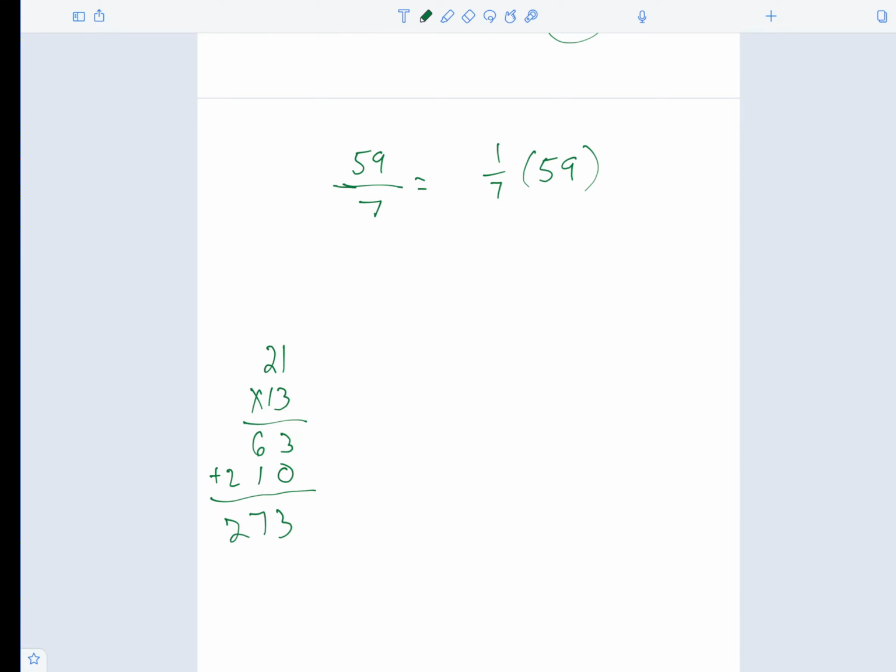What's actually going on here is that when we do 21 times 13, we are playing some game with digits, because you're using this 3 as impacting the 1 and then the 2. So in mathematics, what we are really saying is that 13 is 1 times 10 plus 3.